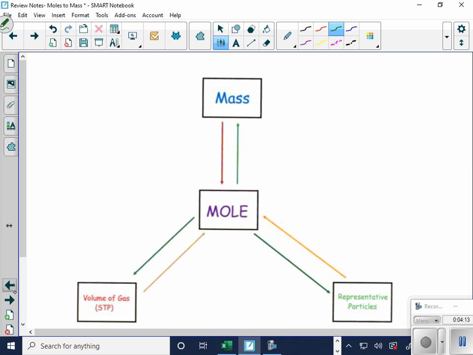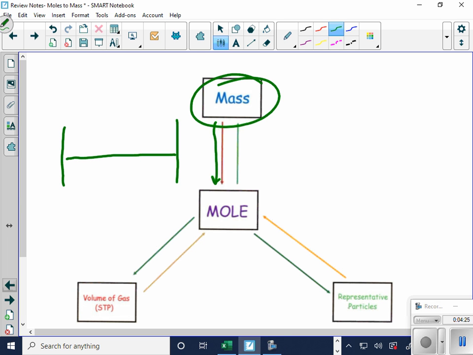I have a mass given to me, and I am going to moles. So when I have a mass given to me and I am going to moles, my conversion box is going to look something like this. I want the mass to cancel, so I'm going to put the molar mass on the bottom, and I'm going to put 1 mole on top.